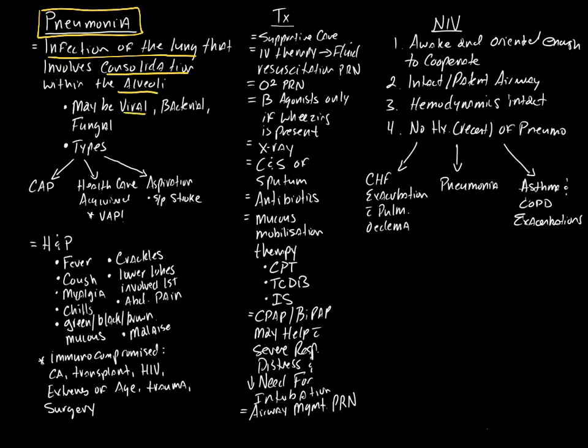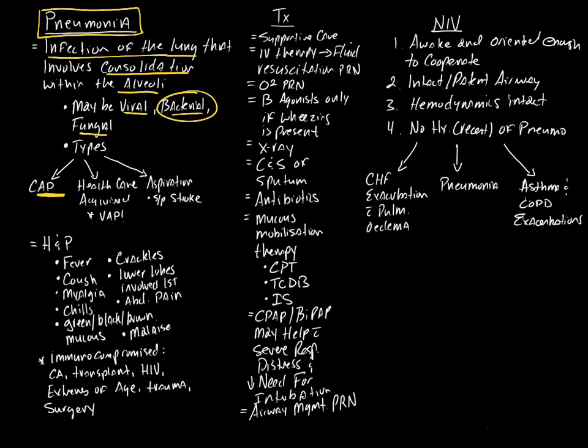This may be viral in some cases, bacterial or fungal. It's often bacterial. And there are three general types. There's something known as CAP, or community-acquired pneumonia, which is pneumonia that you get out in the community away from the hospital, all right?